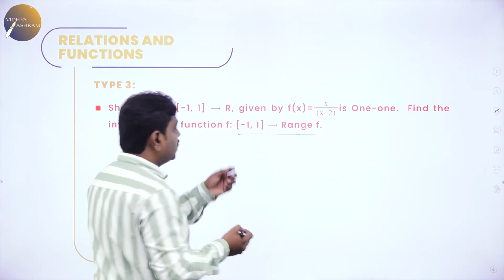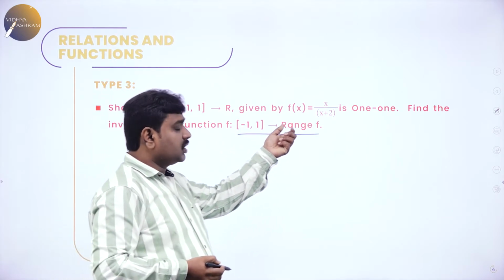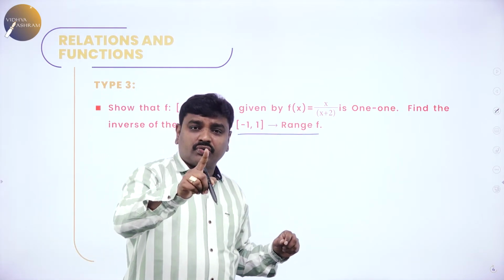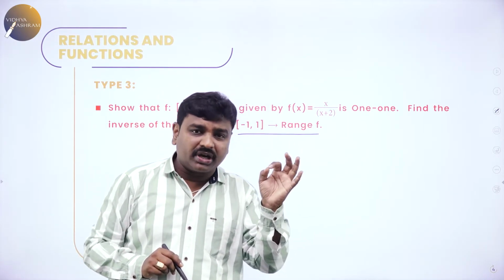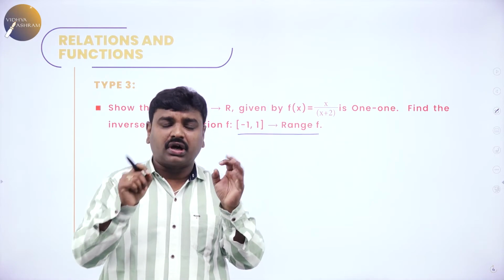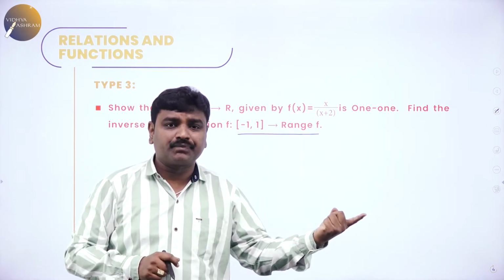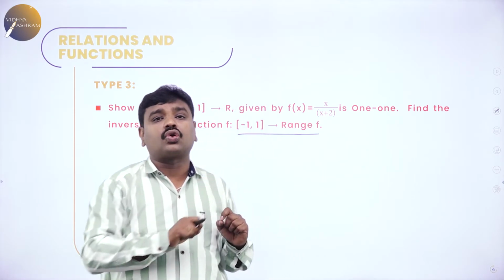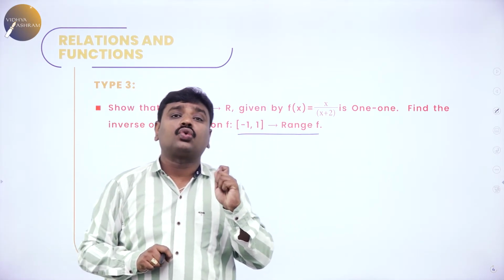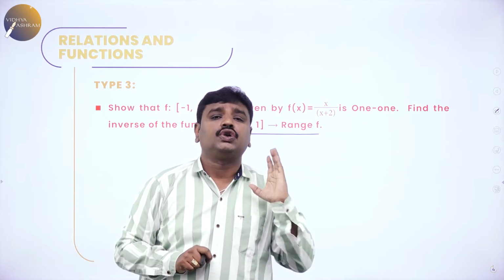Please observe here domain is minus 1 to 1, but codomain is R. I told you for any function, range is always a subset of codomain. Suppose if range is equal to codomain, then we call that function as onto.